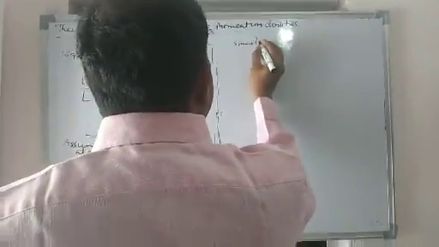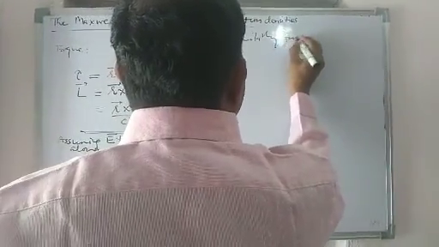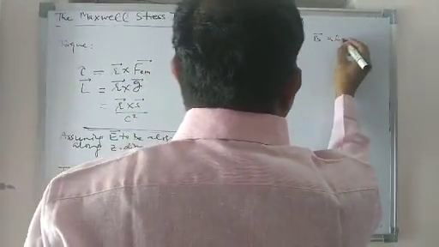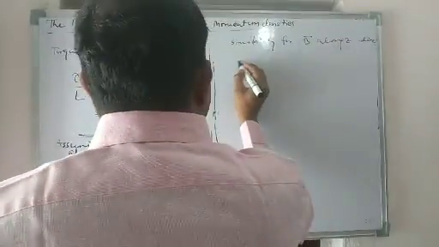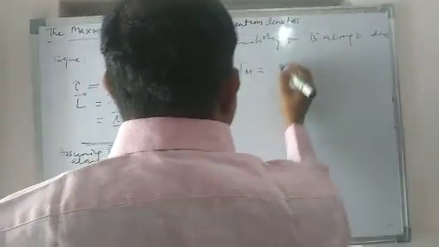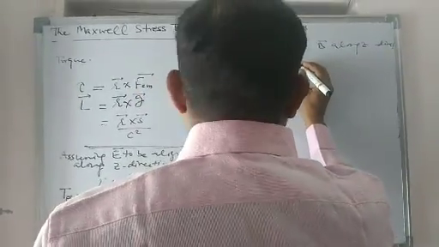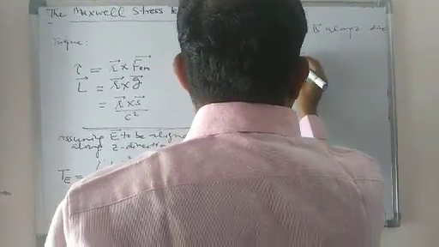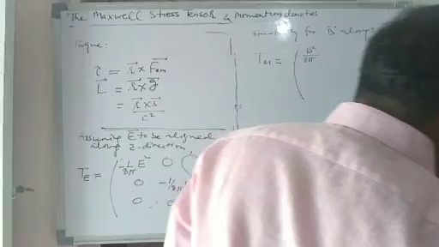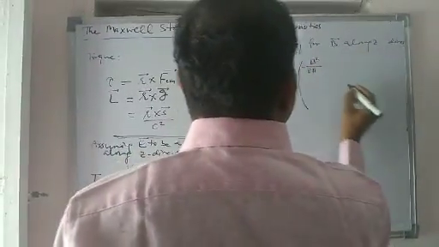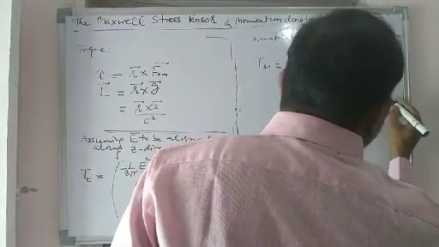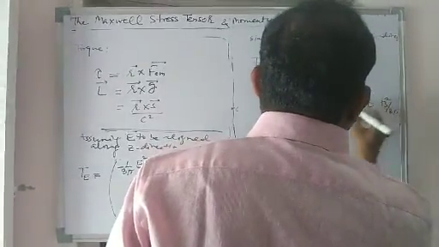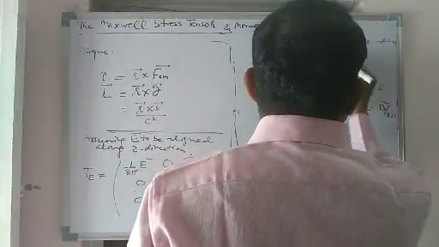Similarly, for B along the Z direction, you could check that T_m is going to be B square by 8 pi, once again a minus sign, and a plus sign over here. The rest are going to be 0.